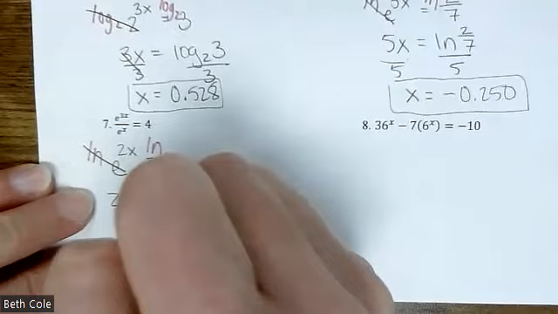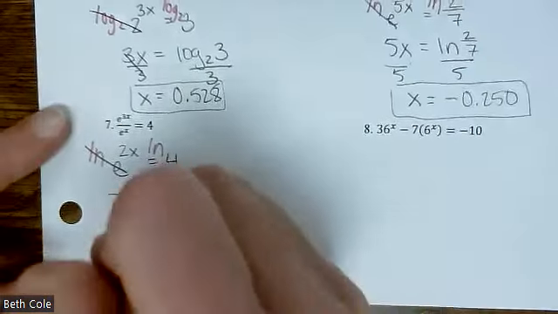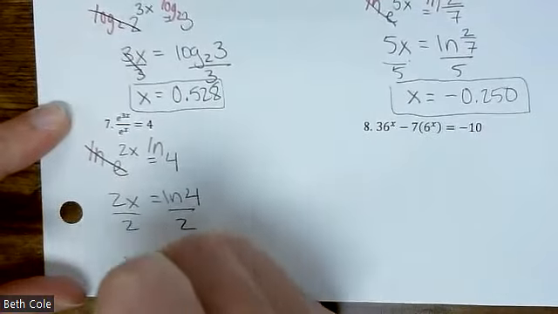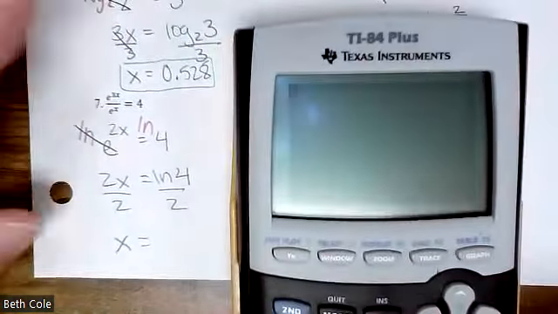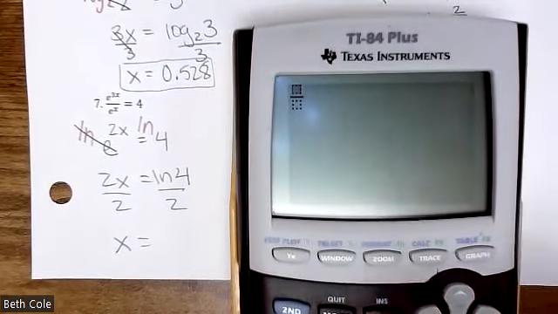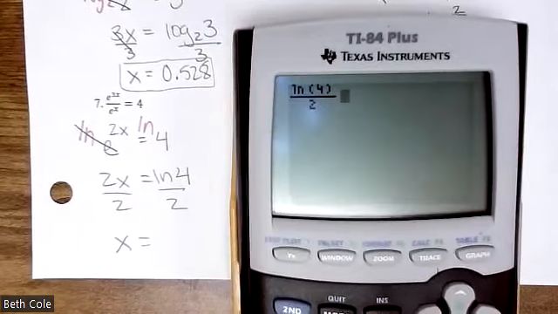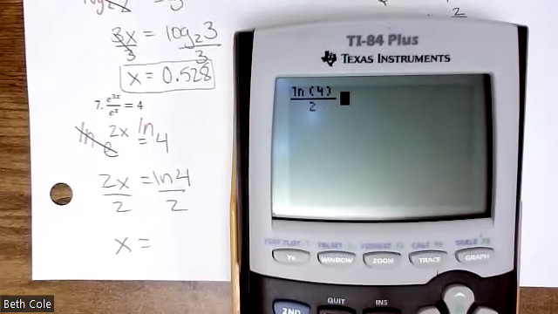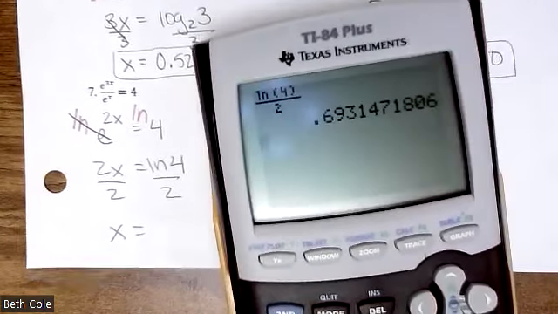You get 2x equals ln 4. Divide by 2, slam that in your calculator. .693. Good deal.